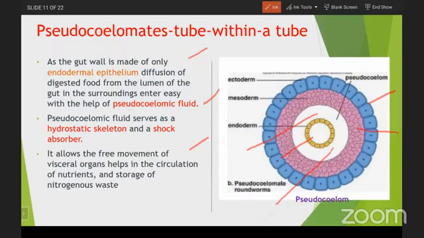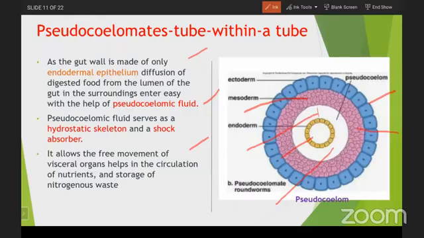What are the major functions done by the pseudocoelom here? It is useful for the transport of material because it has a fluid-like portion. It is not occupied by the mesoderm. So it is a mesoderm, and the white color portion is not occupied by the mesodermal cells, so it has only the fluid portion. It is useful for the transport of materials as well as storage of waste.